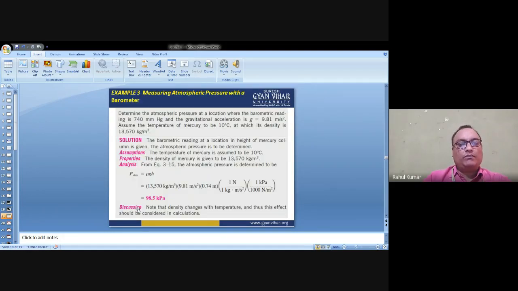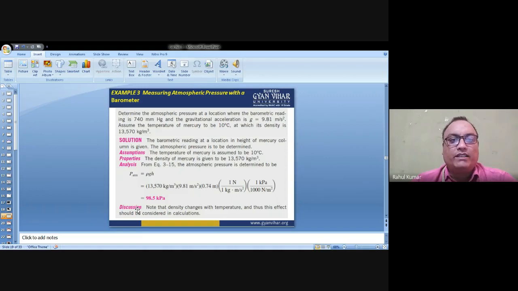And then one more example is here: measuring atmospheric pressure with a barometer, and determine the atmospheric pressure. This is your question. Then the solution is here. The barometer reading at the location is given as the height of the mercury column, and the atmospheric pressure is to be determined for this case. Assumption: the temperature of the mercury is assumed to be 10 degrees Celsius.